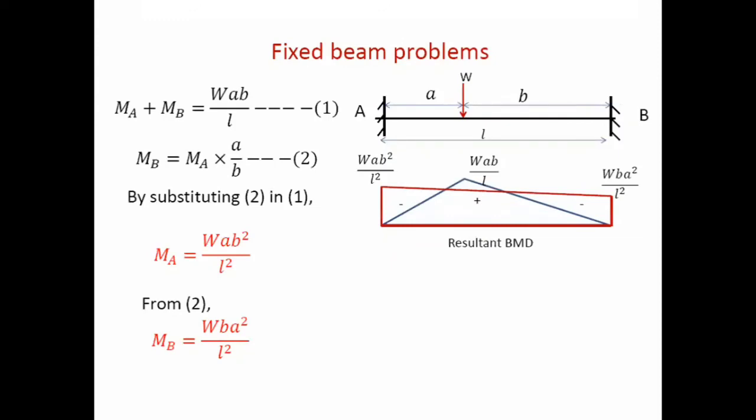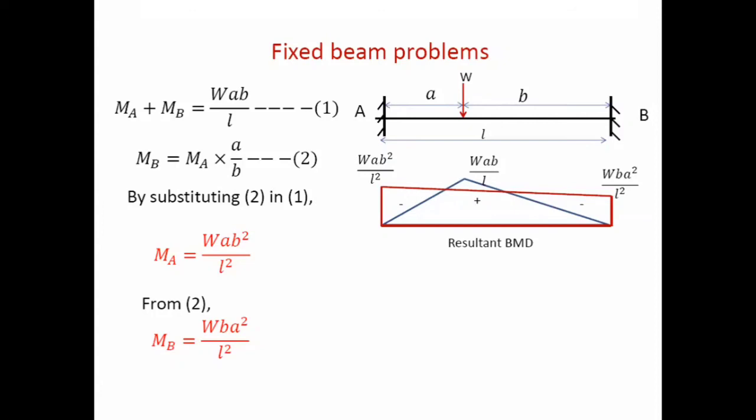Now we have got two equations. MA plus MB is equal to WAB by L, which is our equation 1, and MB is equal to MA times A by B, which is equation number 2. So substitute equation 2 in equation 1, that is substitute value of MB in equation 1, we will get MA.